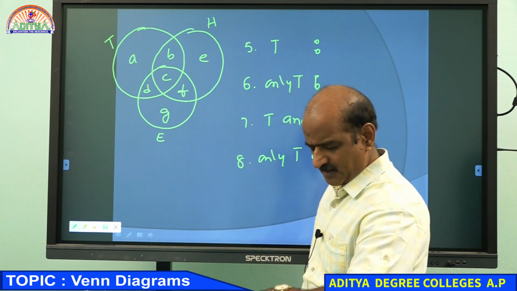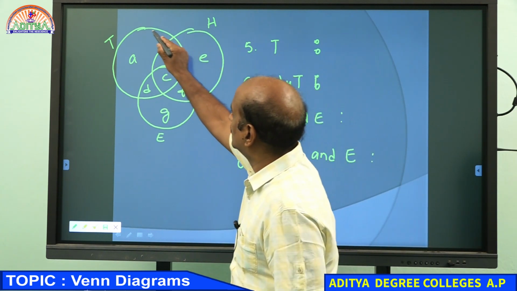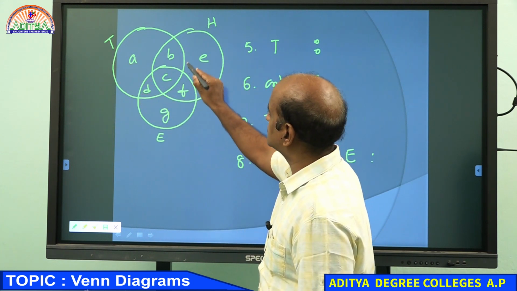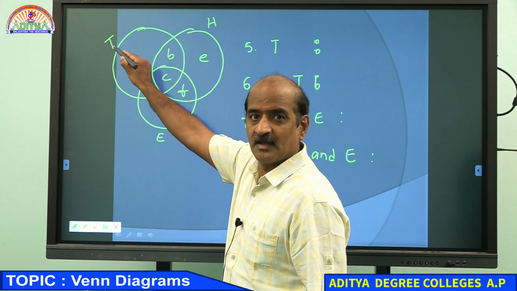In question number 1, I ask you to find the people who like Telugu. Remember, student, Telugu means we have to consider all the people in the given set. I said only Telugu.